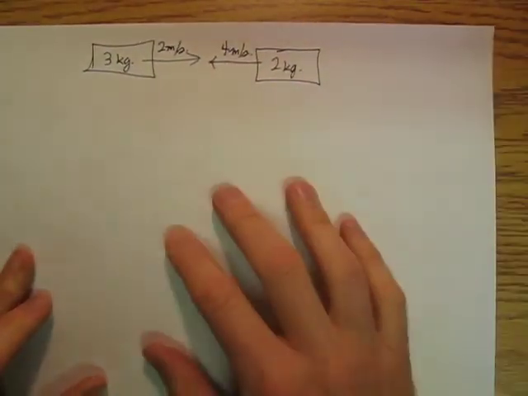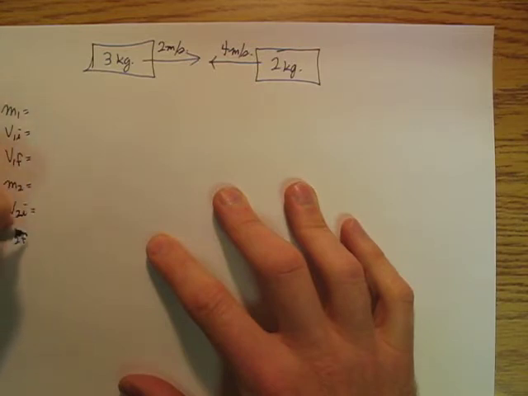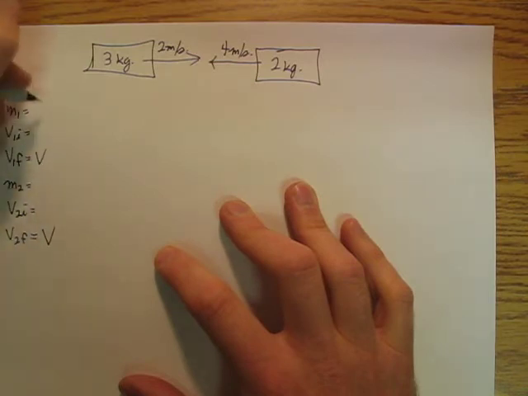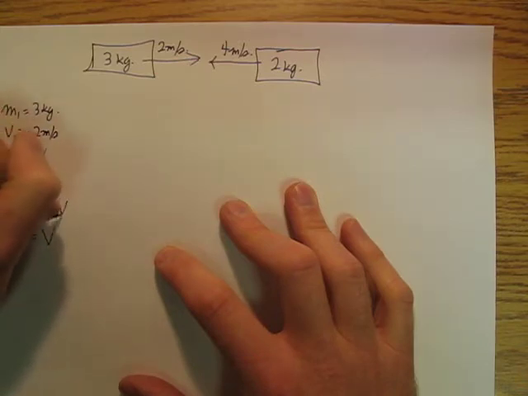And so I start off and I go M1, V1I, V1F, M2, V2I, V2F, and again it's going to be inelastic, so they're going to stick together, so those two are going to be the same. This is going to be 3 kilograms, this is going to be 2 meters per second, this is going to be 2 kilograms, this is going to be 4 meters per second.